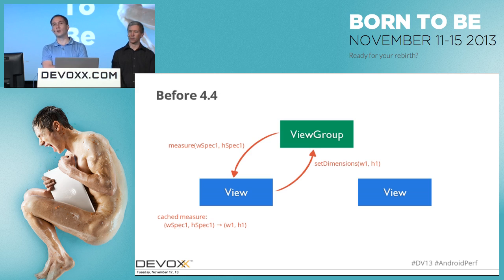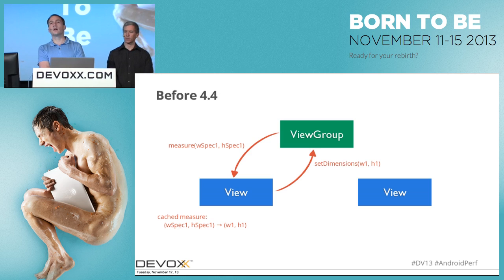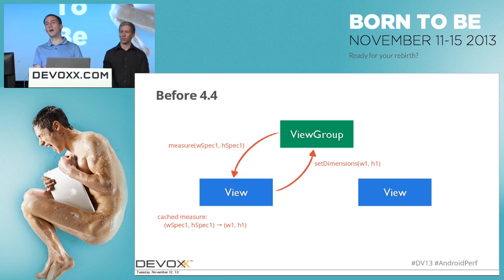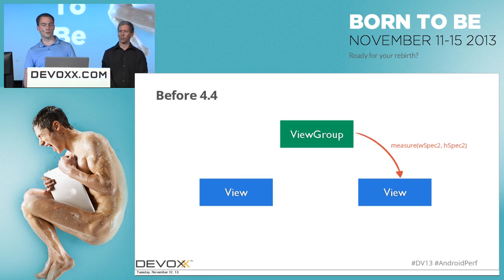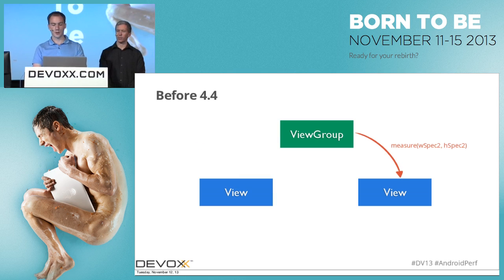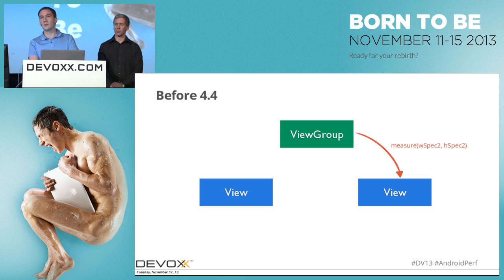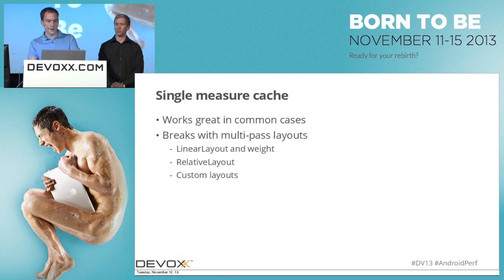We do not have to call onMeasure. If that child is a view group, that means we do not have to go measure the children of that view group, and we can save a lot of time when measuring the window. The second child called request layout, so that child is marked dirty and has to call onMeasure again to redo the computations. That optimization has been there since Android 1.0, and it was great.